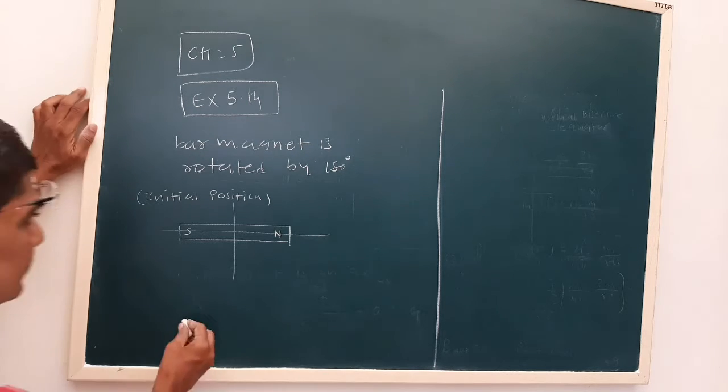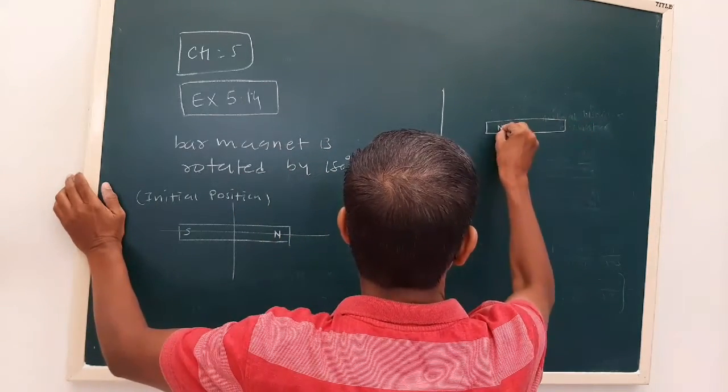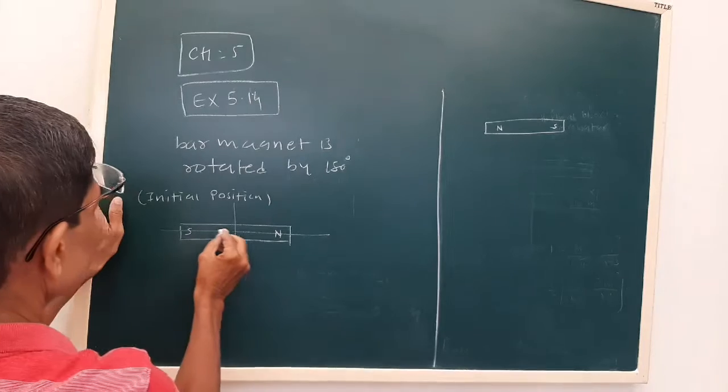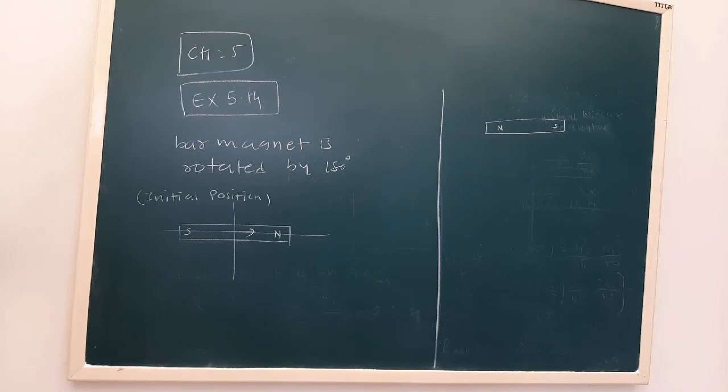So what will happen? From this condition, if I rotate by 180 degrees, the final position will be like this. In that case, the null point will be somewhere here.